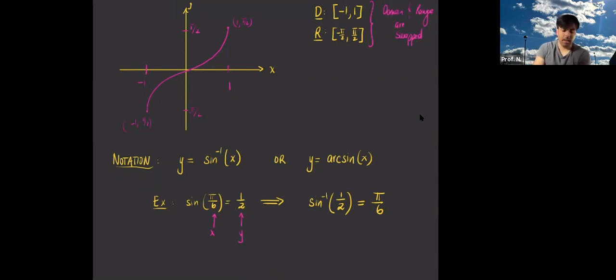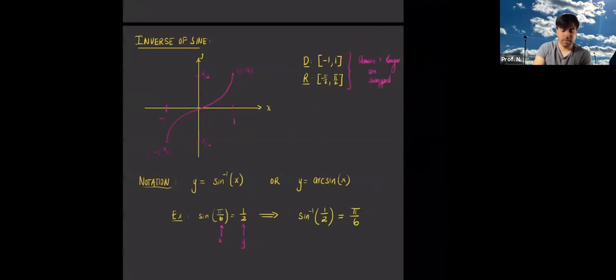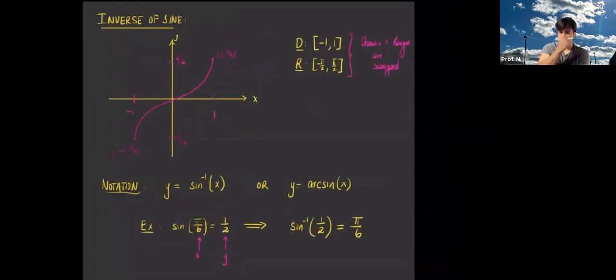That gets pretty fun. Does everybody follow this idea of inverse sine? Do you see how this is like a little story going from the world of sine to now the inverse? And we're going to be doing the same exact thing for cosine and for tangent.